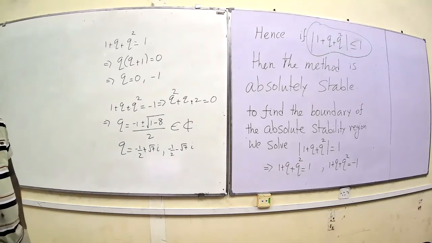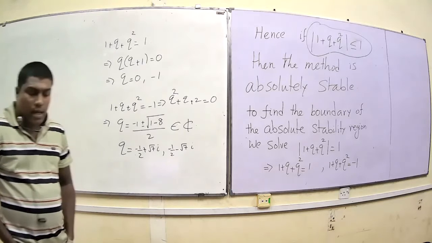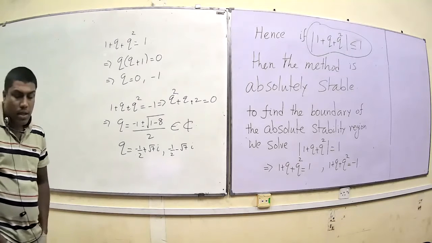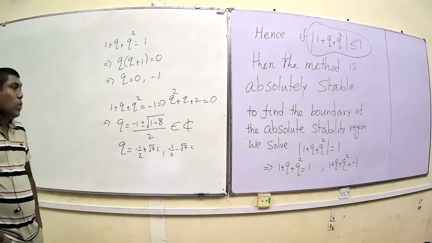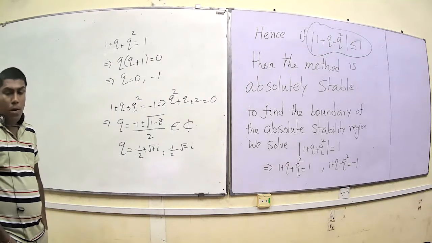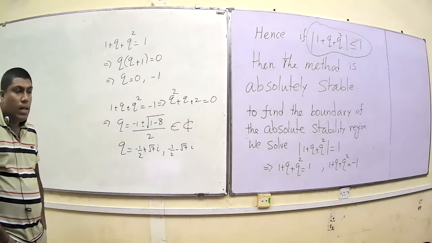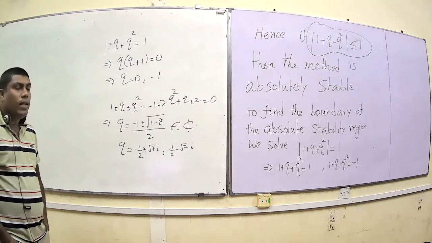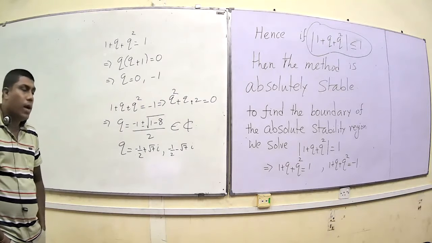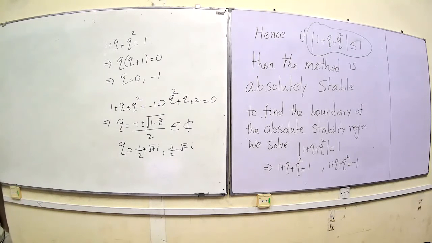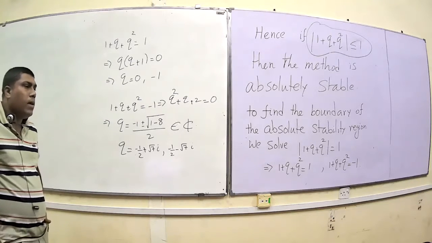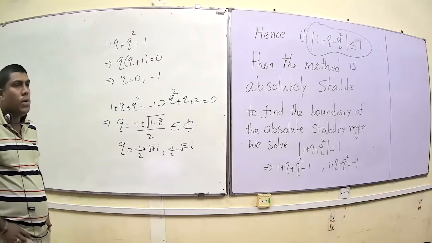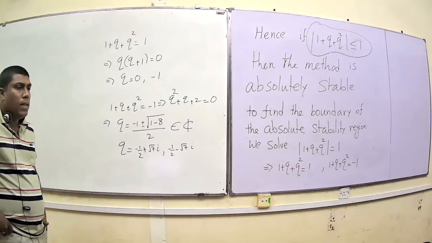But when it comes to a predictor corrector method or predictor evaluator corrector method or whatever it is, you cannot use the characteristic polynomials, because there are two methods involved in the PC model. One is the predictor equation, a multi-step method, and the other is the corrector multi-step method. One of them is explicit and one is implicit, so it is not possible to use the characteristic polynomial method.